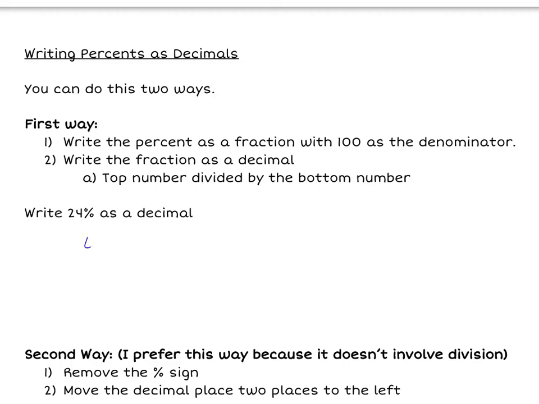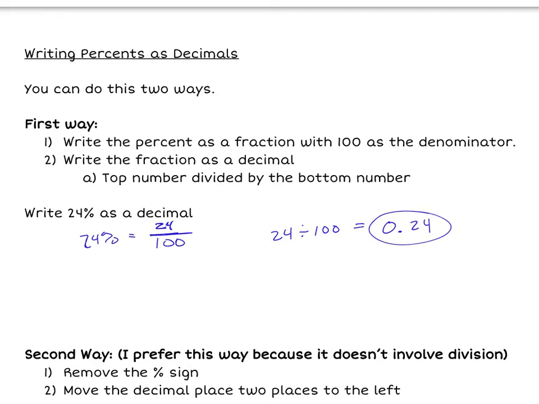So we take our 24%, that equals 24 over 100. To make a fraction a decimal, because a fraction is a division problem, we can now do 24 divided by 100. And you would get 0.24. So there's my decimal.